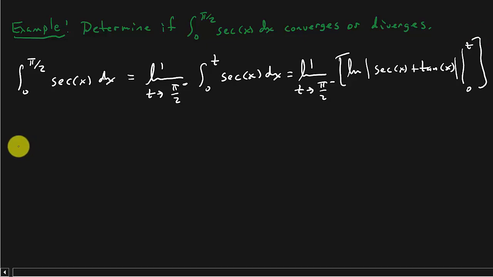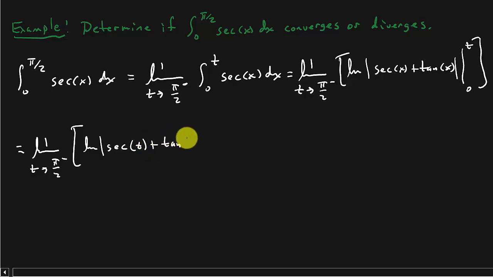So now we get the limit as t goes to pi over 2 from the left of the natural log of secant t plus tangent t, minus the natural log of secant 0 plus tangent 0.